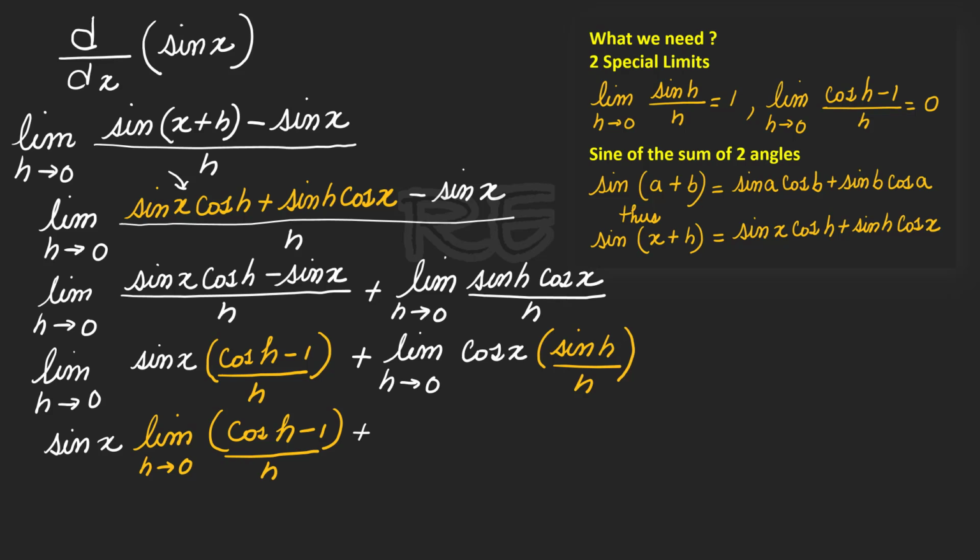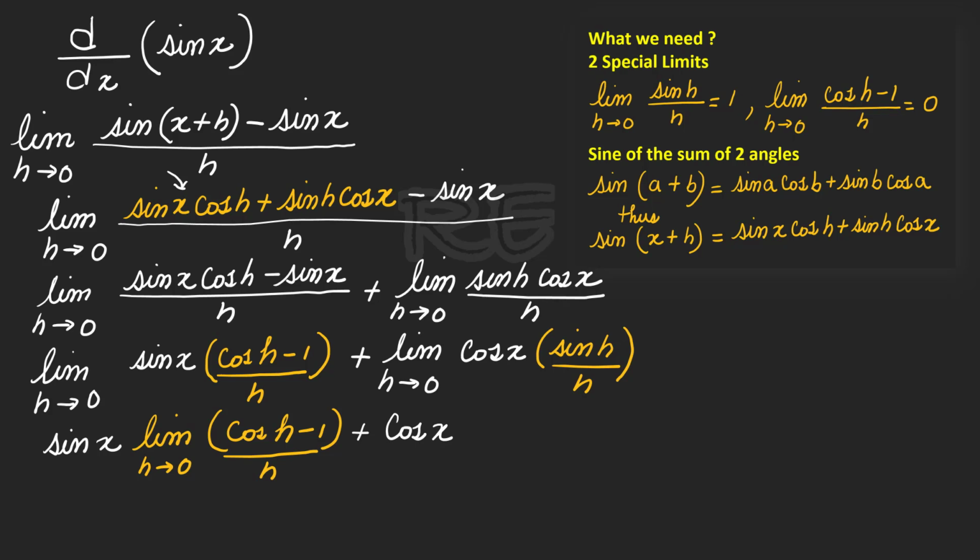Plus, same reasoning here for cosine x. It doesn't involve h. You can bring it out. Cosine x times the limit as h approaches 0 of sine h over h. Now we have our special limits. We can do the substitution. Sine x, and the limit of cosine h minus 1 over h as h approaches 0 is 0.